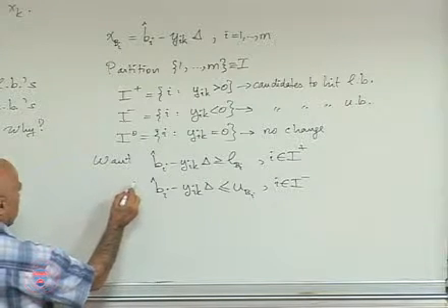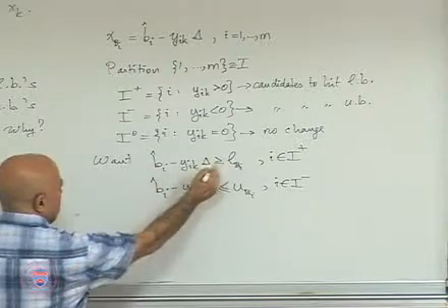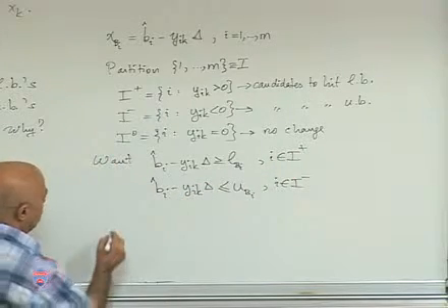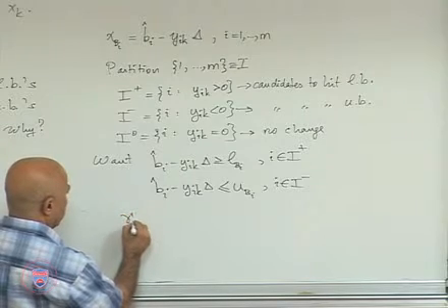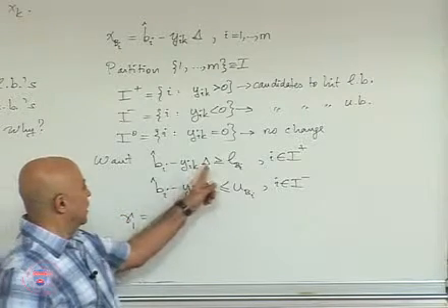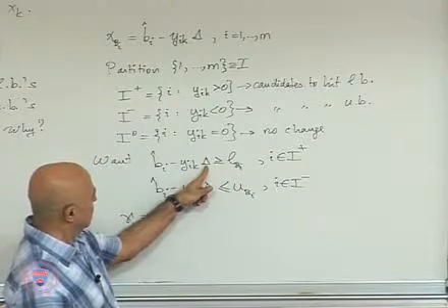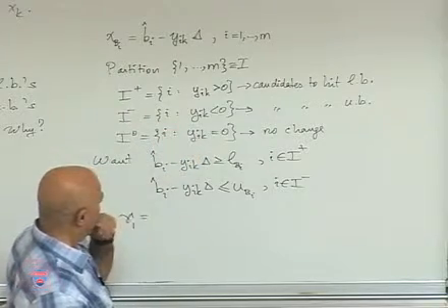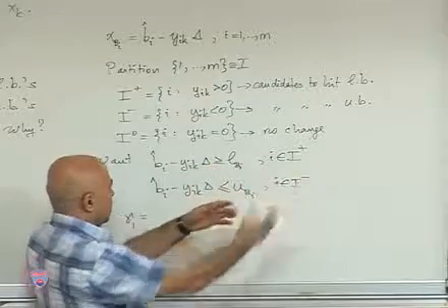So, the first set of inequalities associated with I plus, if you solve for delta, let me take y_ik delta to the right side.